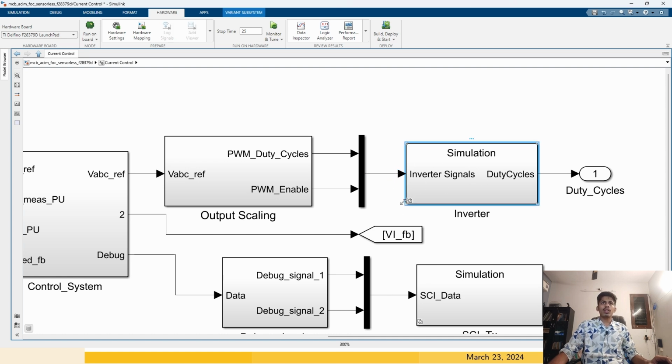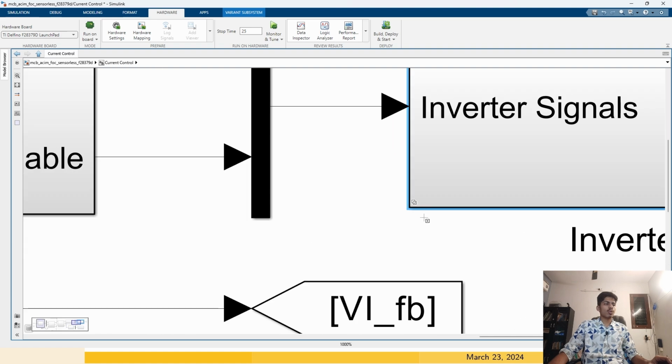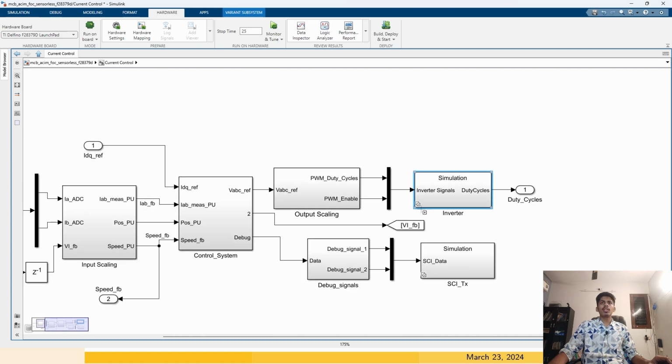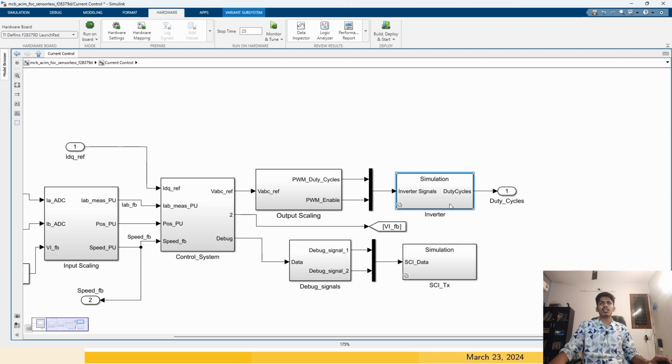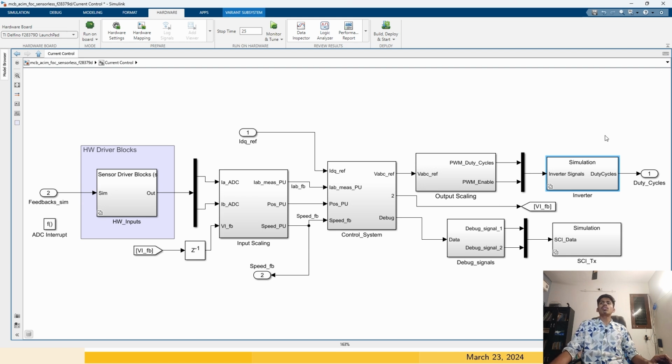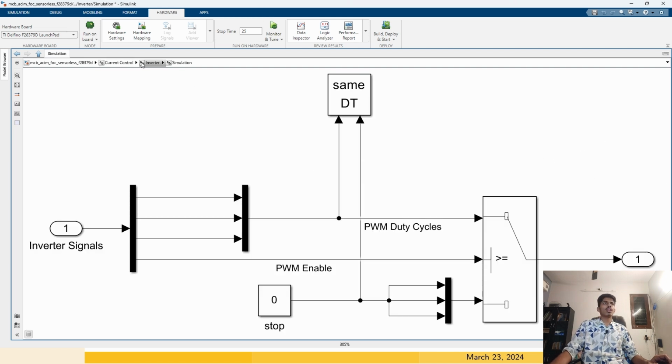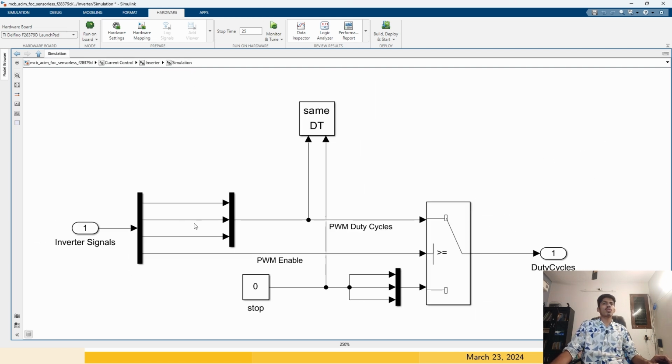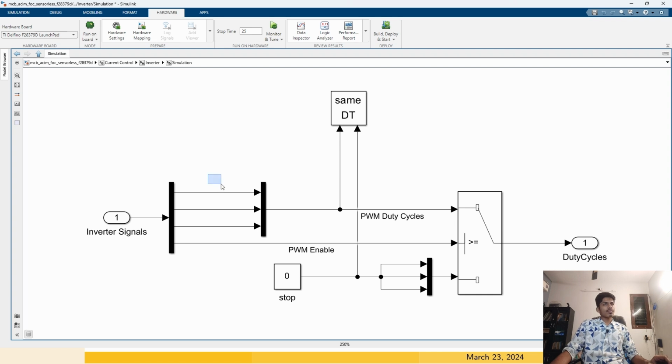You can see here there is a two stacked squares like icon, which means, as I said in my previous video, this will run differently in simulation mode or in the code generation mode. So in the simulation mode, if you double click on that, we can see in the inverter simulation mode, we are just getting these inverter signals, the VABC after scaling, and giving it directly to the duty cycle.